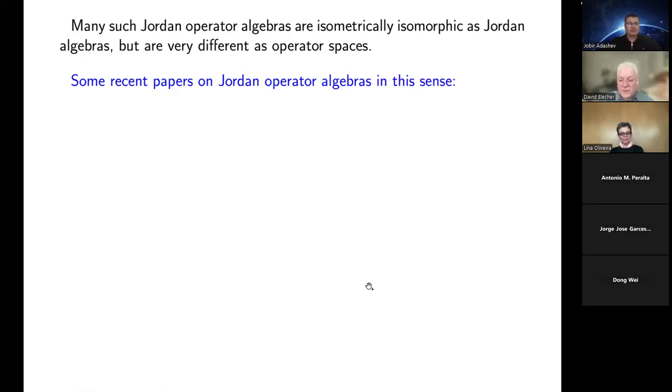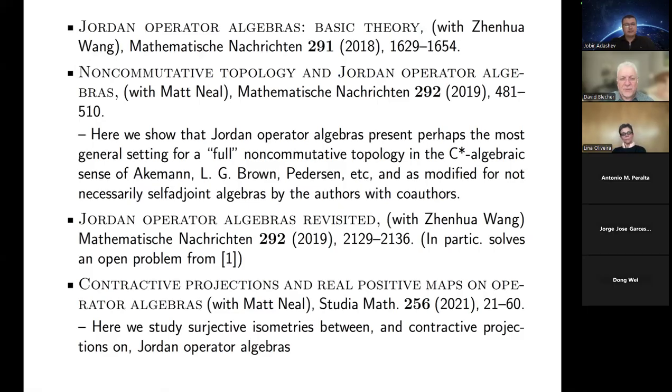Let me mention some recent papers of myself and co-authors. The first one was a paper with grad student Zhenhua Wang in 2018, which laid out the basic theory of these Jordan operator algebras. The second one was a continuation of that with Matt Neal on the non-commutative topology of Jordan operator algebras.